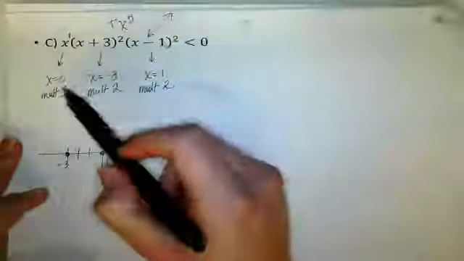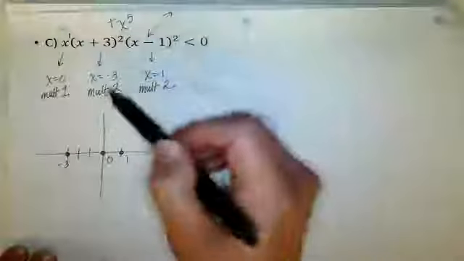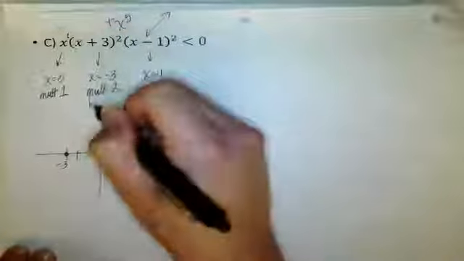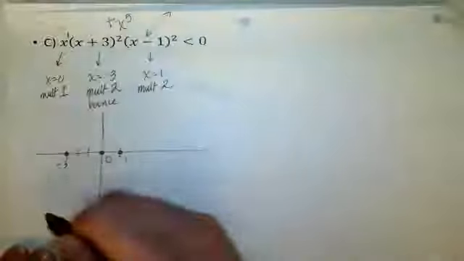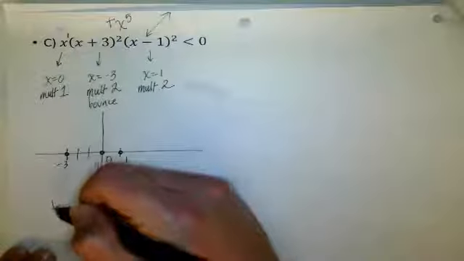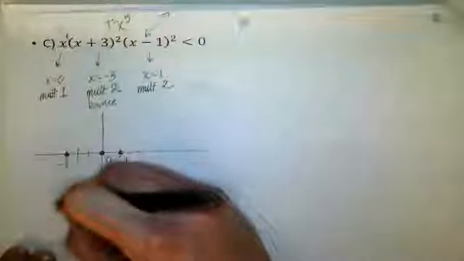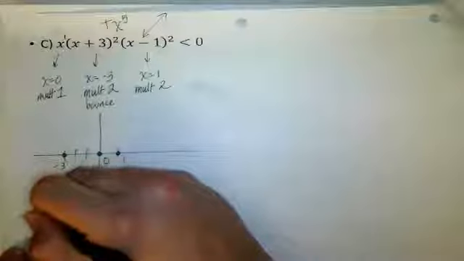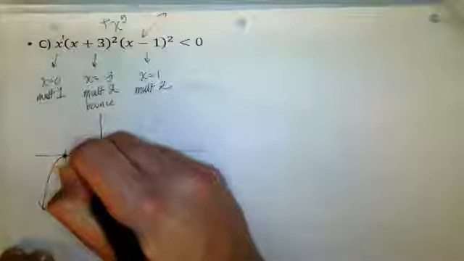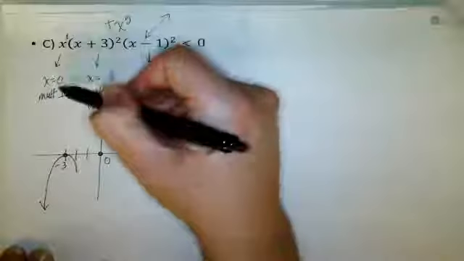All right, so at -3, we have a bounce. And I know I have to start low. So I'm going to come up to that -3 and bounce off of it. Bounce back down. Then I'm going to approach 0. At 0, I get to pass through it.